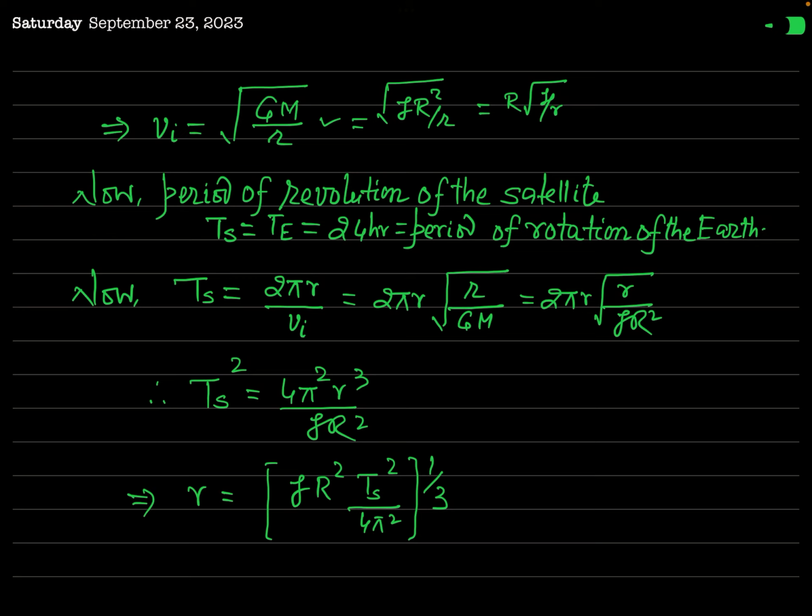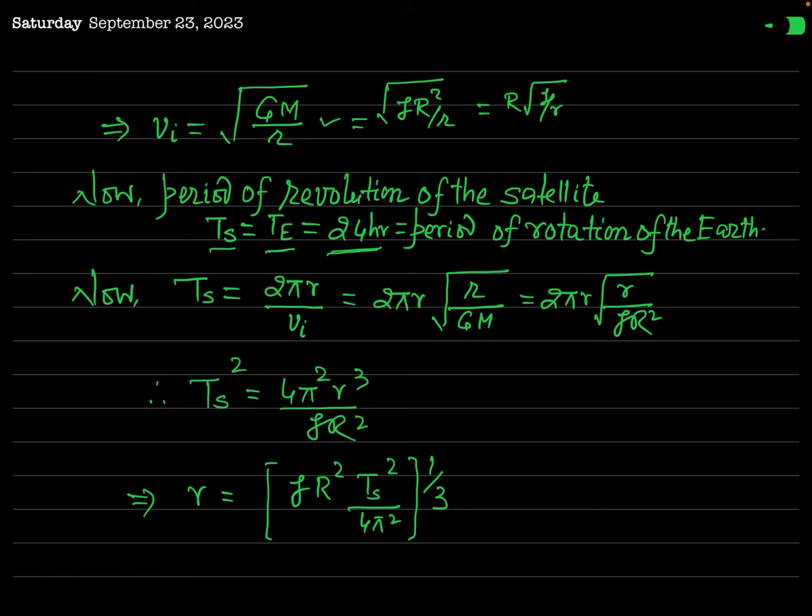Now as you have seen, the period of revolution of this satellite, which I have denoted by Ts, is simply equal to Te, and the value of T you know is almost 24 hours, although the exact value is 23 hours 56 minutes and 4 seconds. But in general calculation we simply take this time period equal to 24 hours. This is actually the period of rotation of the earth.